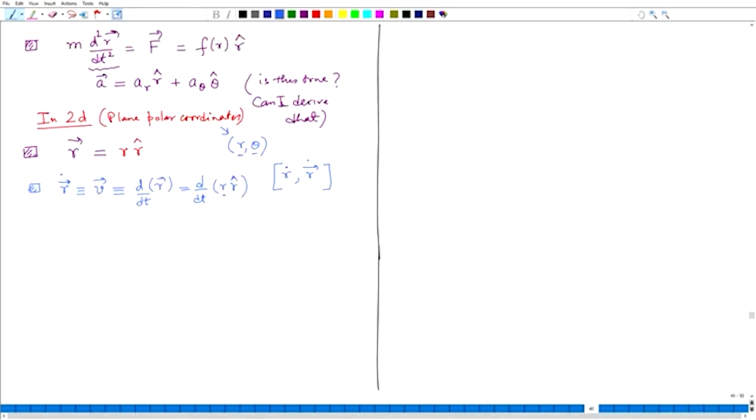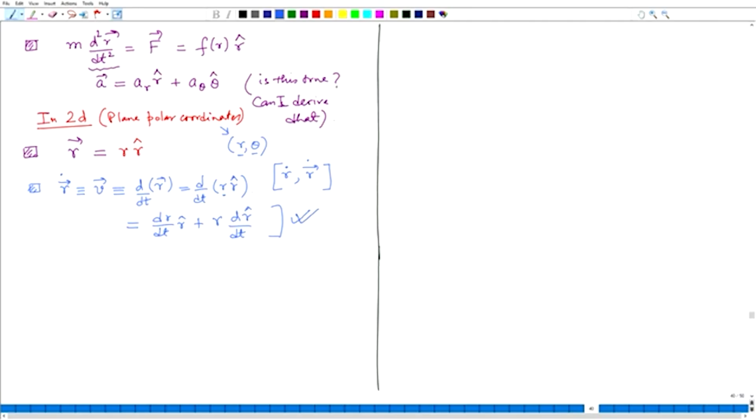So, now I will write this is equal to dr/dt r cap plus r d(r cap)/dt.